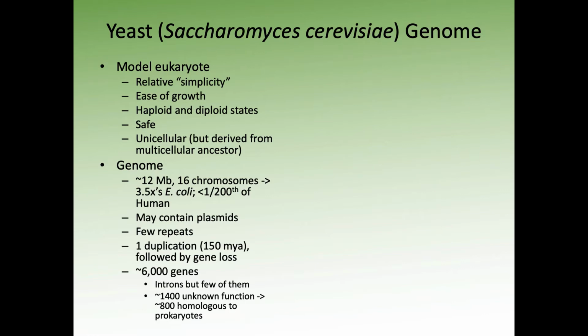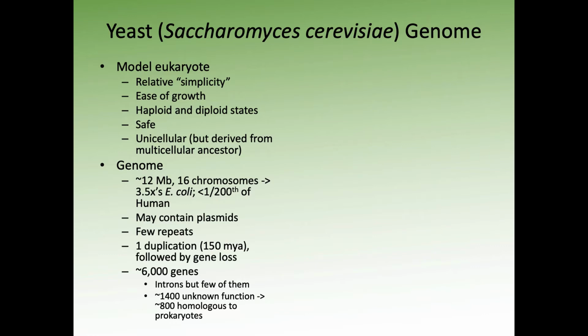So if Arabidopsis is close to 150 megabases long, yeast is about an order of magnitude smaller, almost about 12 megabases long, broken up into 16 chromosomes, about 3.5 times the length of an E. coli genome. But we can see that it's definitely more complex than a bacteria.